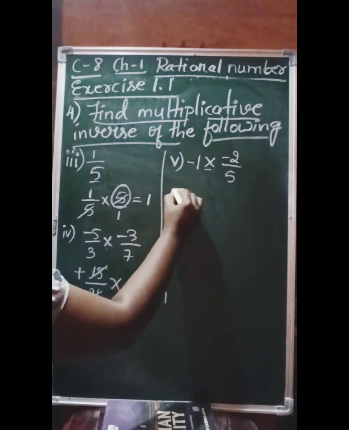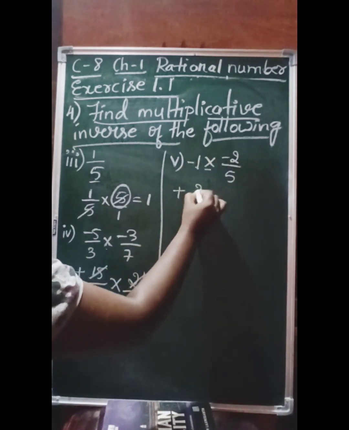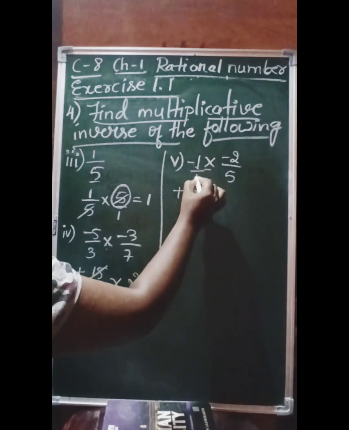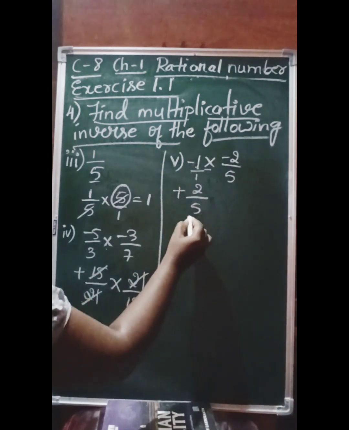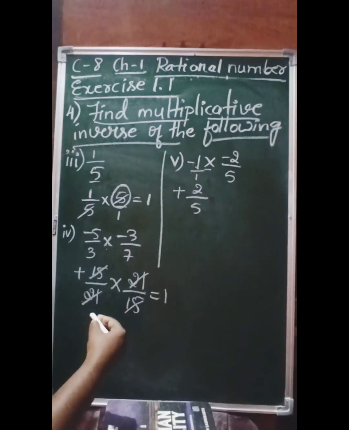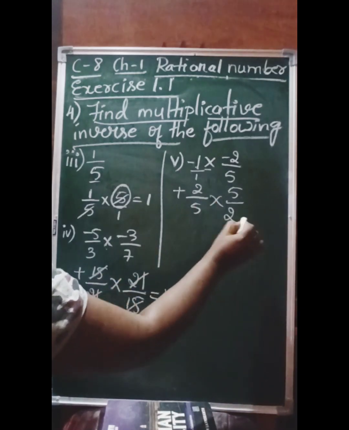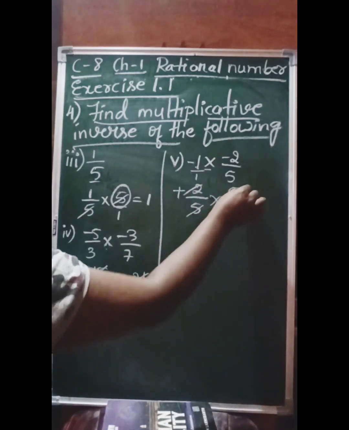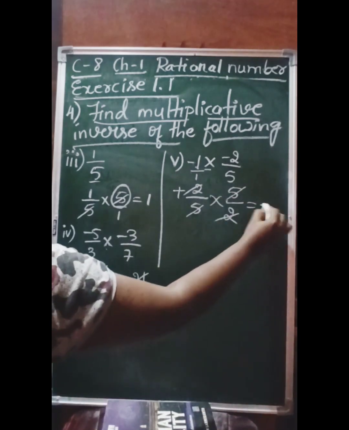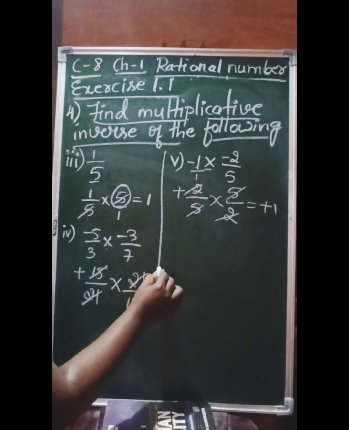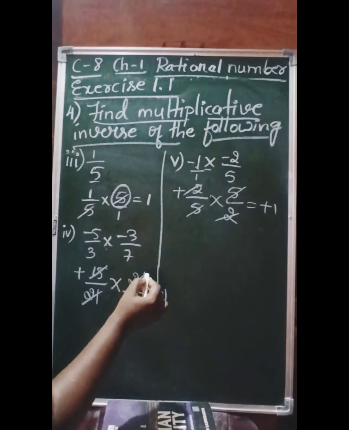Minus into minus is plus, 1 into 2 is 2, in the denominator 1 into 5 is 5. So you got a positive term. Now for this, consider 5 by 2. 2 gets cancelled, 5 gets cancelled, and you are left with plus 1. Okay, now consider the last one.